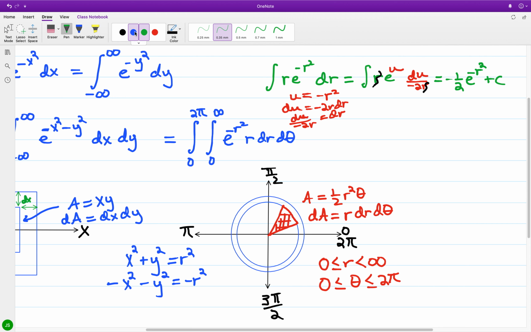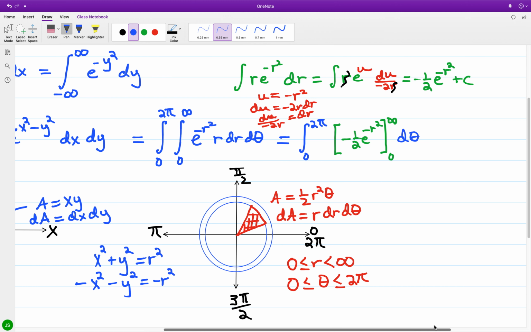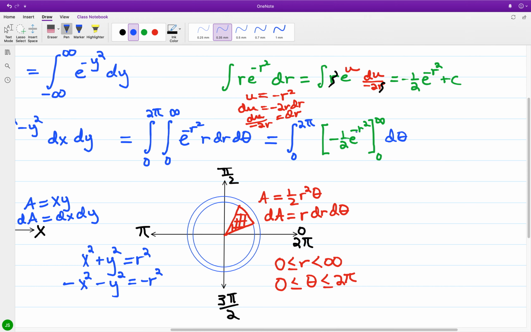So with the double integral, I'm going from 0 to 2 pi. The antiderivative is negative 1/2 of e to the negative r squared, as r goes from 0 to infinity, d theta. At the upper limit, we have negative e to the negative infinity, which goes to 0, and with the lower limit 0.